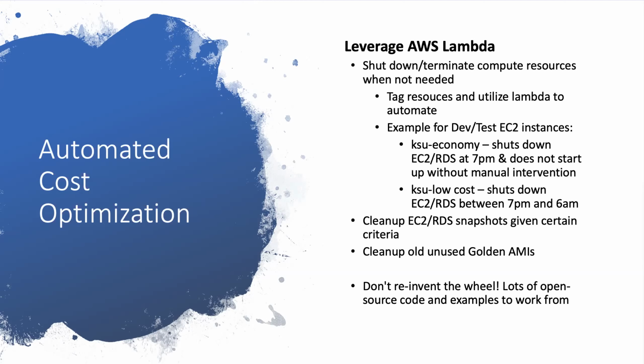There are those that notify us of potential cost savings. These are things that wouldn't be covered by existing tools or features that AWS provides in our case. And then the other type of automation has some action taken on your behalf to save money.